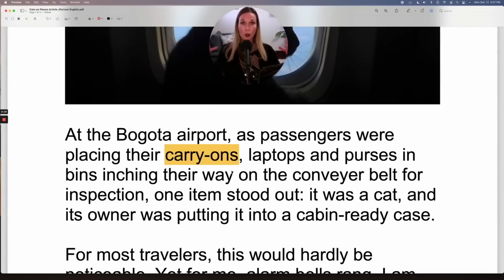Now, a suitcase is generally larger and you would check that. So when you get to the airport, you check your suitcase and it goes under the plane. But then you take your smaller suitcases, your smaller bags onto the airplane with you. You carry it onto the plane.